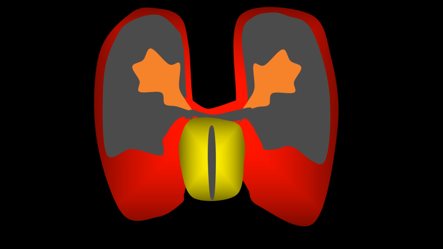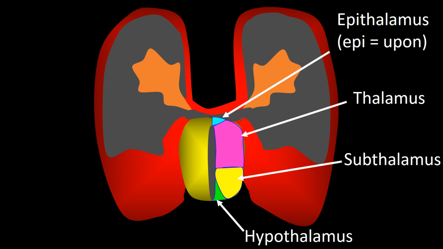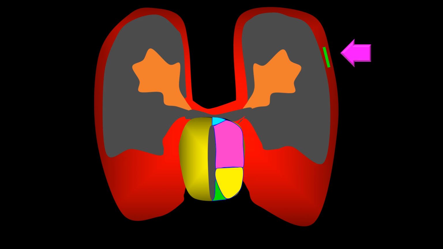Here I have represented the growth of the diencephalon. I have now introduced and labeled the 4 divisions of the diencephalon, and now represented a pyramidal axon destined to make contact with lower motor neurons.